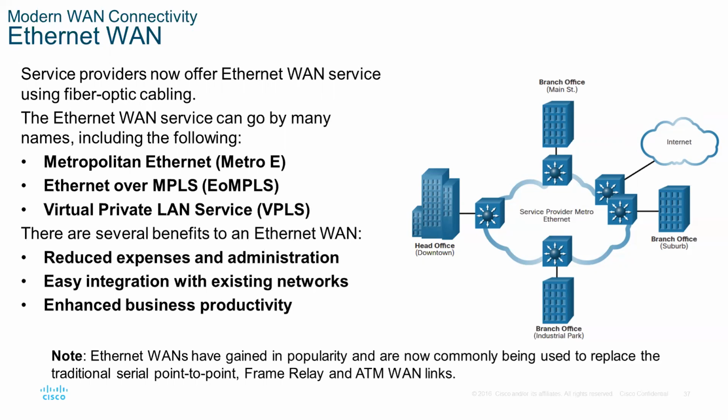So you'll probably have different technologies out there now that aren't even listed on these slides. The benefits of having Ethernet WAN is cost and administration. So it doesn't cost us as much and it's easier to administrate. It's very easy to integrate into our existing networks because it's all Ethernet, and provides us with greater productivity solutions across the enterprise.